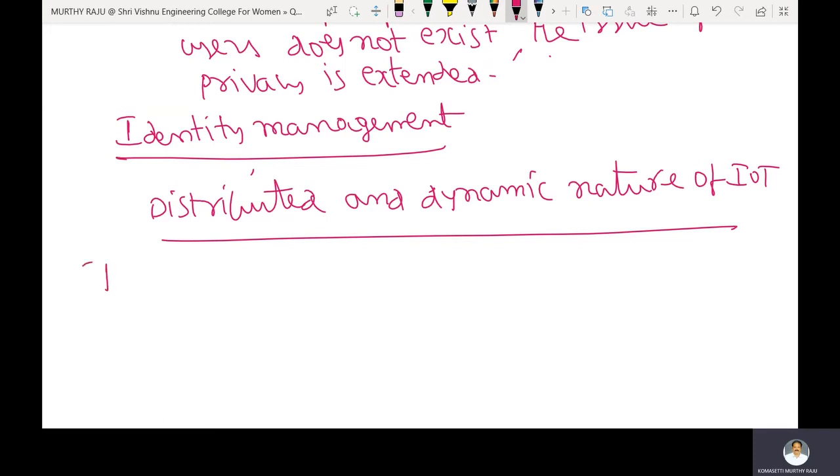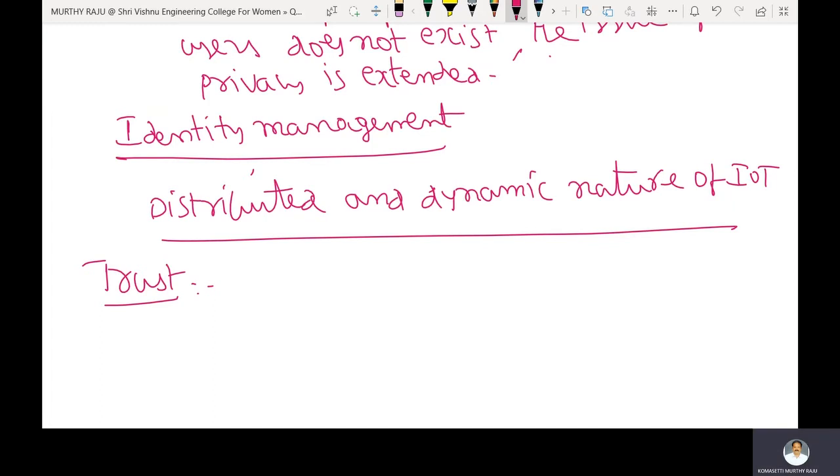Next one, trust. Trust is an essential and integral factor to consider when implementing IoT. In an uncertain IoT environment, trust plays an important role in establishing secure communication between things. Uncertain means some problem areas.